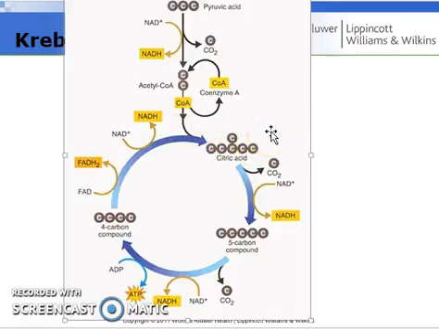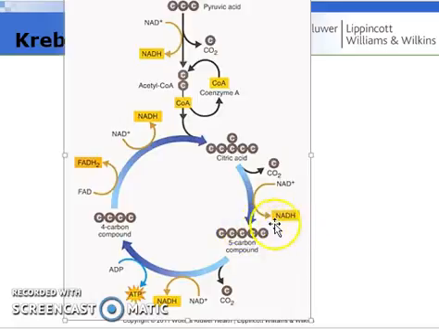So again, don't get bogged down in the details of what happens in this particular cycle, but just know that the outcomes of the Krebs cycle are the fact that you start off with a pyruvic acid and you are generating electron carrier molecules by essentially removing hydrogens from these carbon molecules.